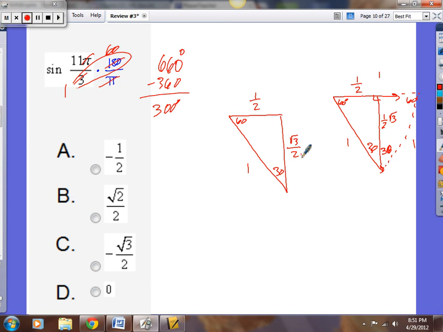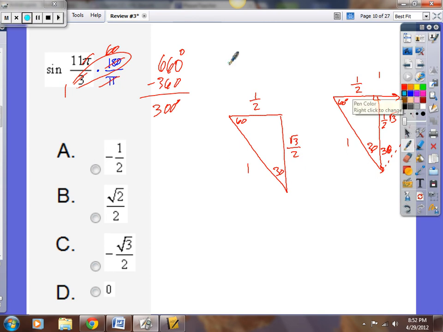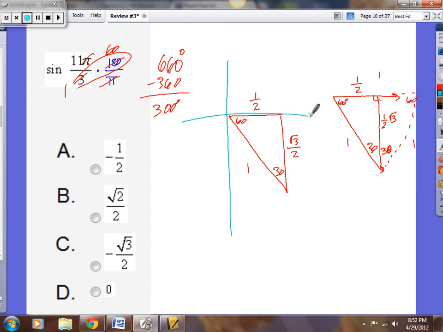The 1/2 from my coordinate plane, the sign of that is going to be positive. The sign of this guy, this square root of 3 over 2, it's actually going to be negative because it's below the x-axis. It's down on the y-axis. So they want the sine of 60 degrees. So the sine of 60 degrees is actually going to be, what is it going to be?